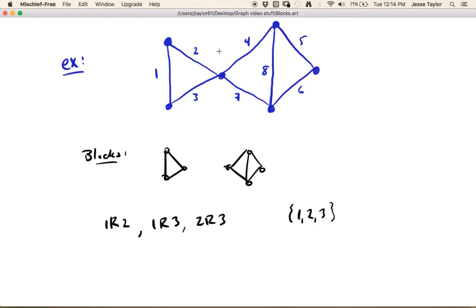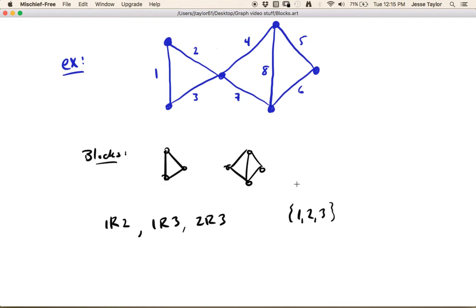Remember, the relation says that edges are related if they lie on a common cycle, but 2 and 4 won't, 1 and 4 won't, 4 and 3 won't, and the reason is that they're on opposite sides of a cut vertex. So what this relation does is divide up the edges on either side of a cut vertex, which is exactly what it means to be a block.